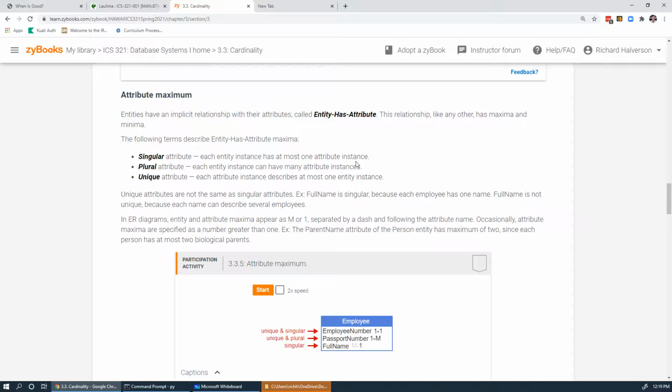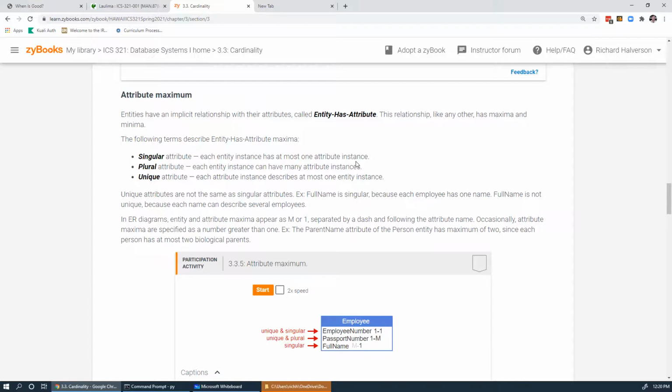In ER diagrams, entity and attribute maxima appear as either M or 1, separated by a dash, followed by the attribute name. Occasionally, attribute maxima are specified as a number greater than 1.